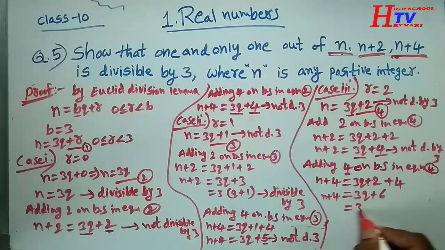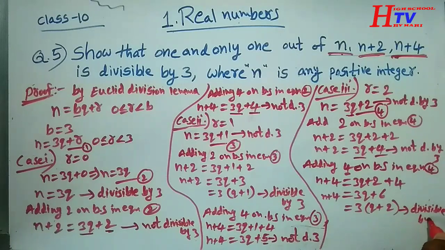Here 3 is common, 3 is taken out, remaining q plus 2. 3 into this value is an integer, 3 into an integer, it is also a multiple of 3. So it is divisible by 3.